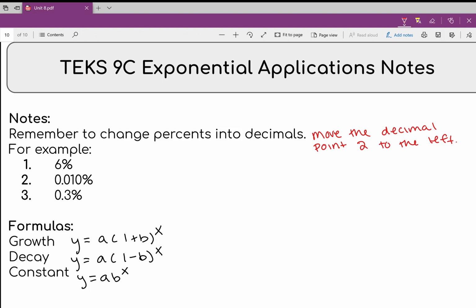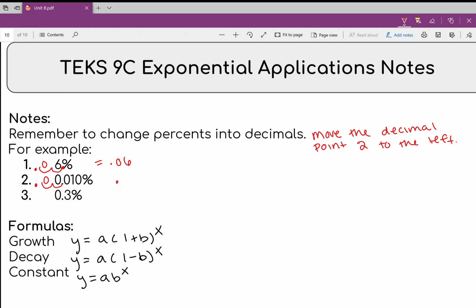It says 6%. Here is the decimal right after the 6, so we have to move it 2 spaces to the left. 1, 2. So this would be 0.06. Let's do the same thing for number 2. 2 decimal places to the left, 1, 2. This is our new decimal place.